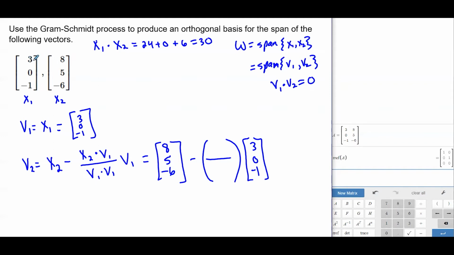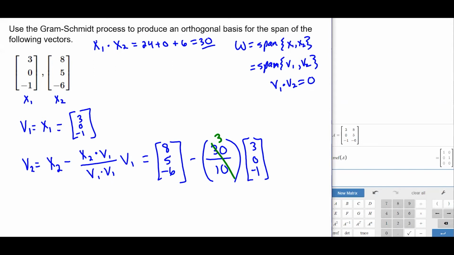I get 24 plus 0 plus 6, which I already did, so that's 30. Then I dot v1 with itself: 9 plus 0 plus 1, which is 10. So this fraction reduces to 3 over 1.